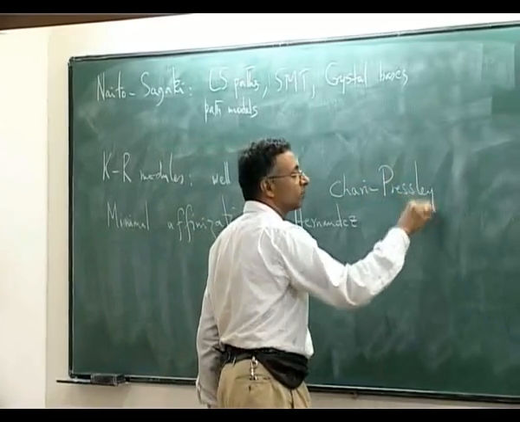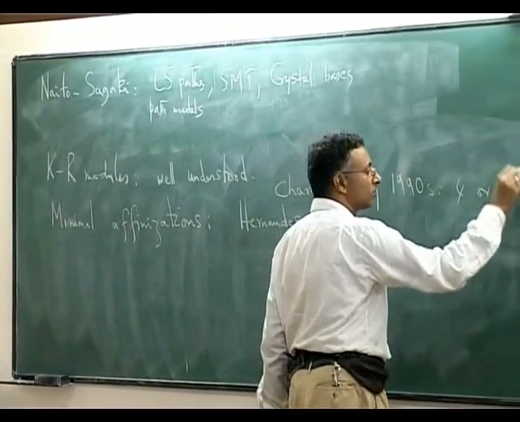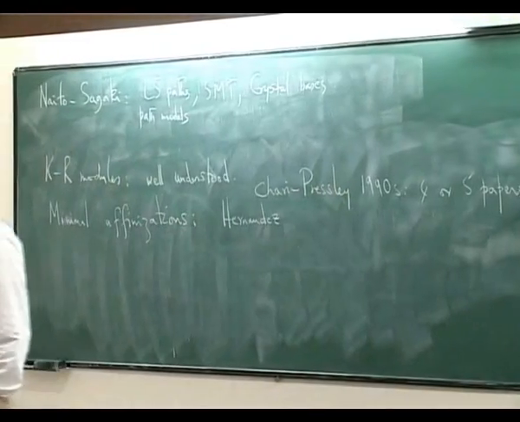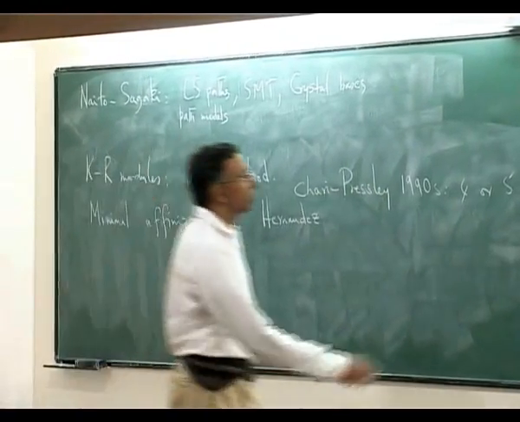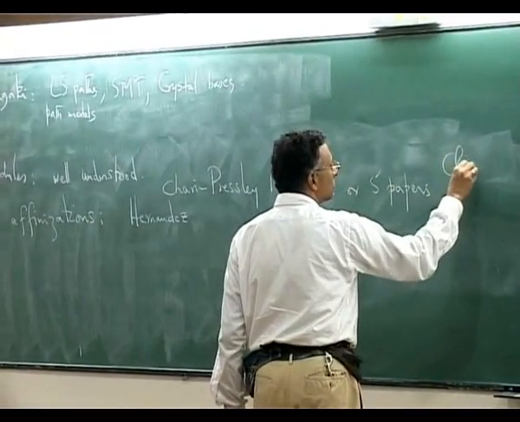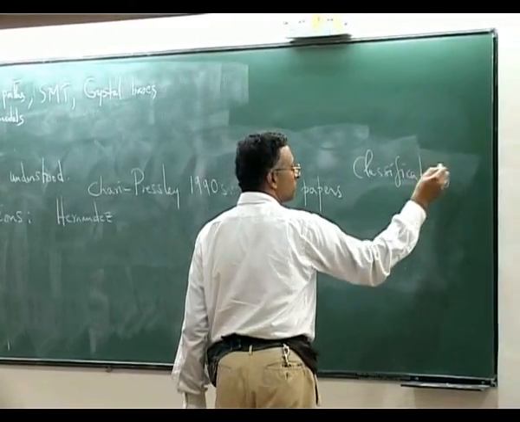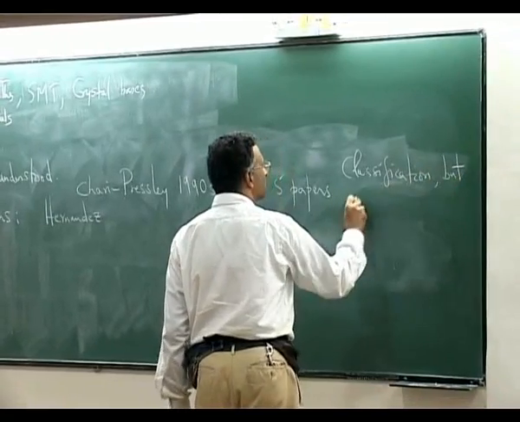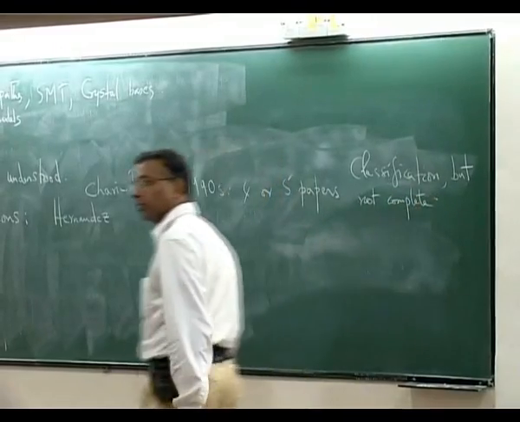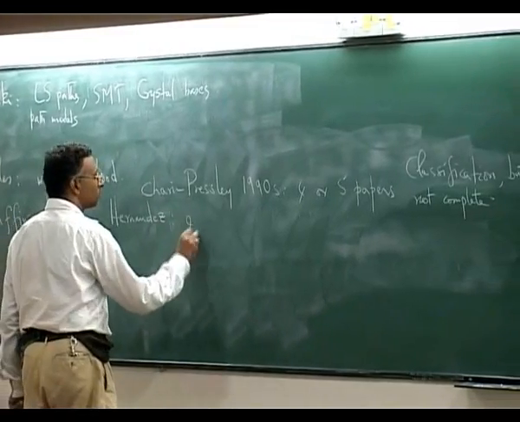I think there are 4 or 5 papers on this subject, where we told what the Drinfeld polynomials are for the minimal affinizations, but that classification is not complete. And Hernandez has some results on the Q characters in the case where the classification is known.